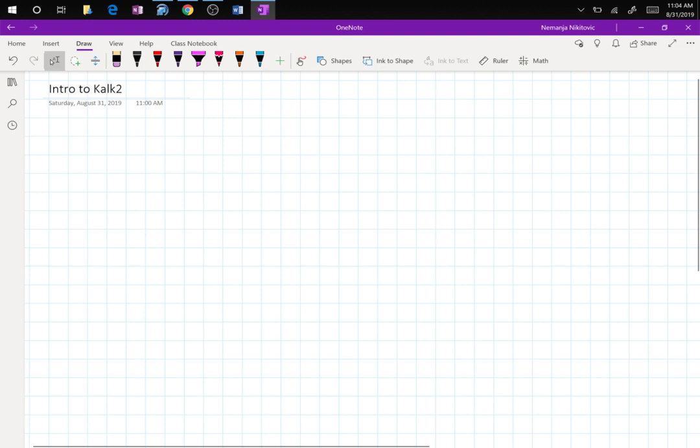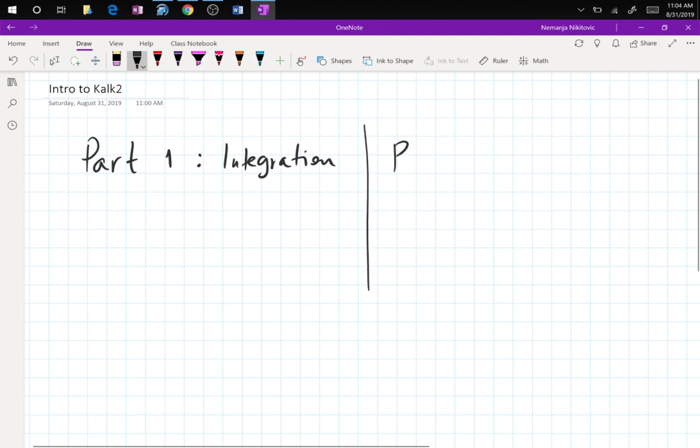Part 1 of Calc 2 is going to be integration, and then part 2 is sequences and series and power series, but those are upgrades. We'll see how and why. So these are the two main parts.